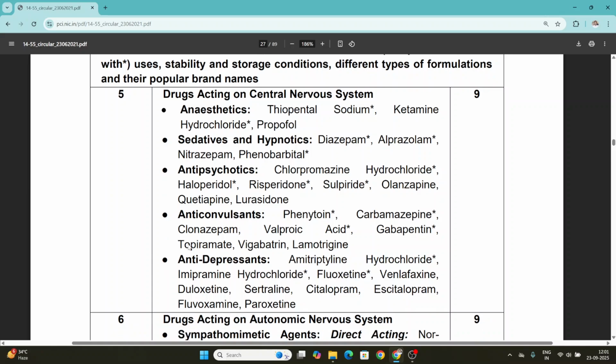Antipsychotics: chlorpromazine hydrochloride, haloperidol, risperidone, sulpiride, olanzapine, quetiapine, lorazepam.